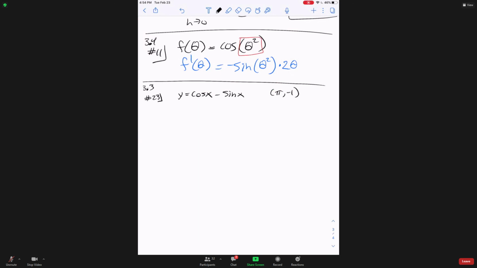So let's take the derivative because we want to get the slope of the tangent line first. The derivative of cosine is negative sine. The derivative of negative sine is negative cosine. Now I'm going to plug in pi, which is the x value, for x. Sine of pi is 0. Cosine of pi is negative 1. So minus the minus is plus 1. So that is the slope of the tangent line.